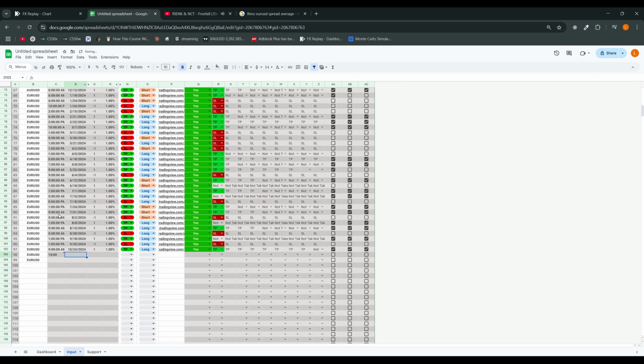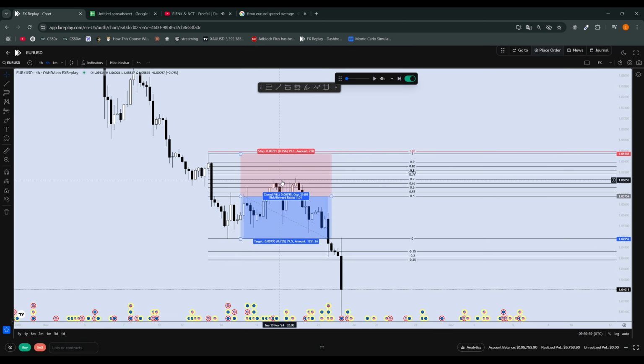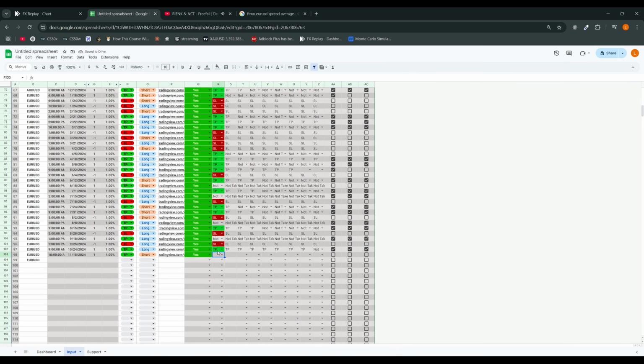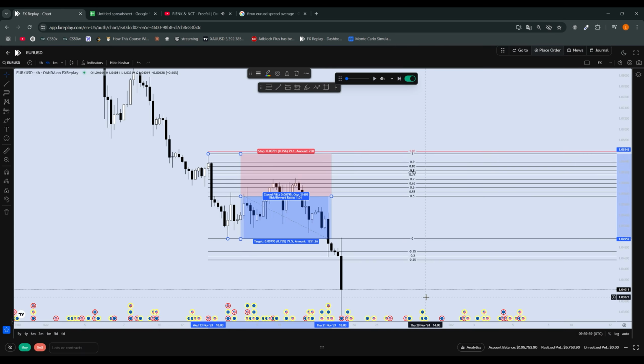We got tagged in on the 15th of November 2024 at 10 a.m. We got till the range of 70.